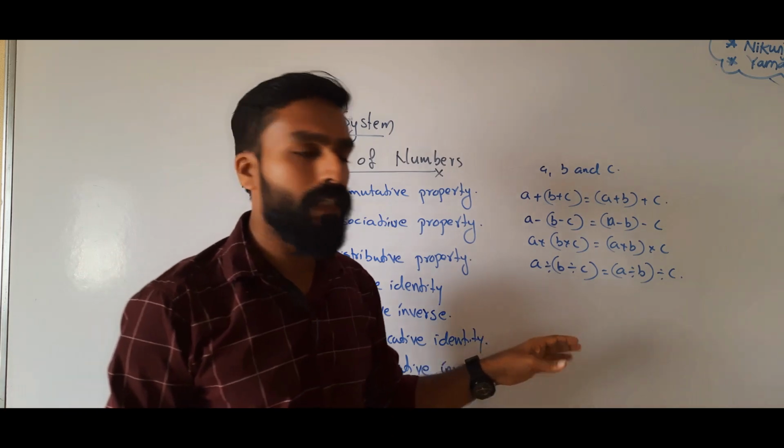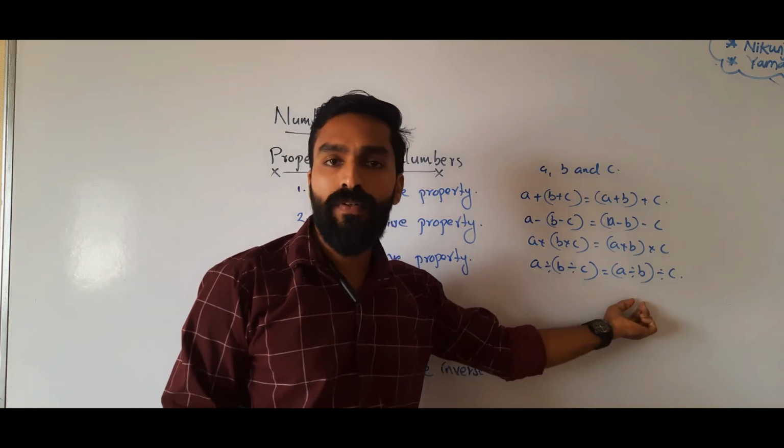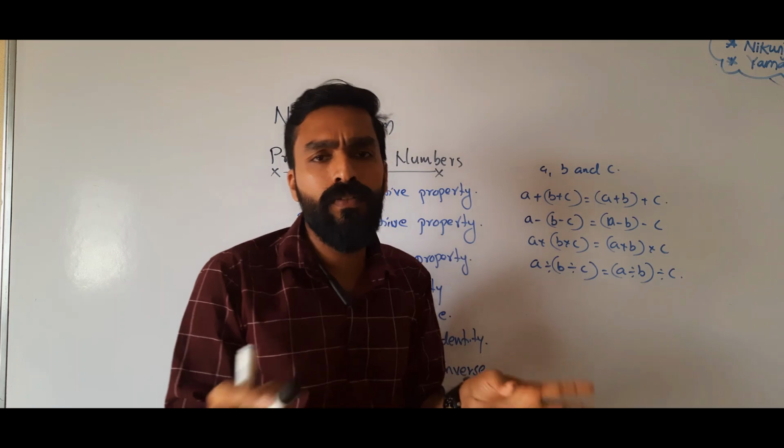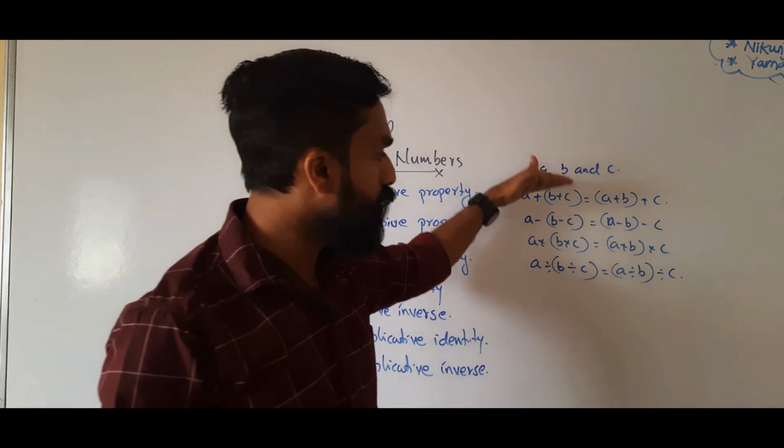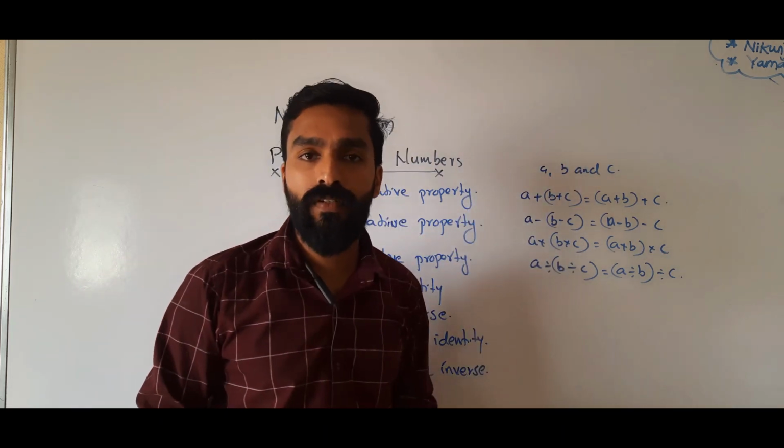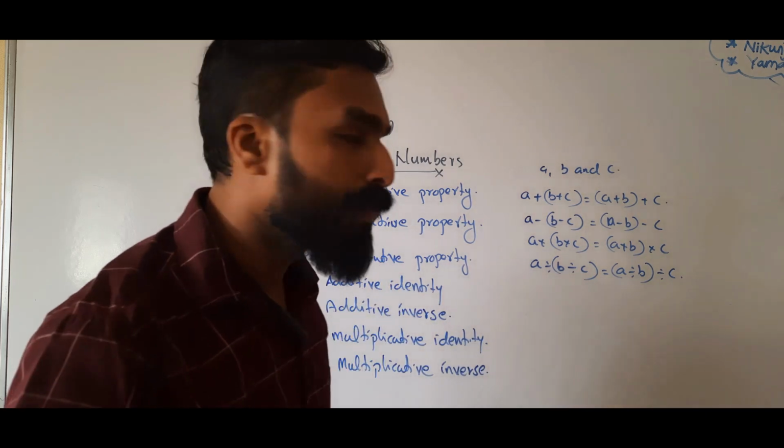If both sides do not give the same answer, we can say it is not satisfied. This is the condition. So this is the general form of the associative property. Next, distributive property.